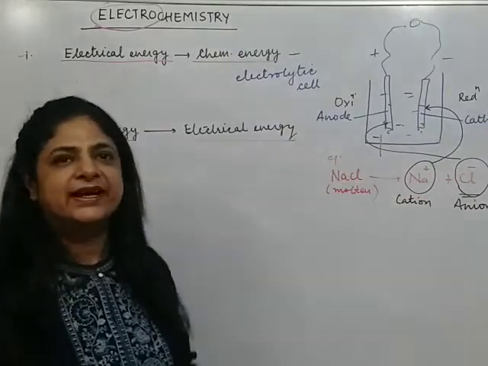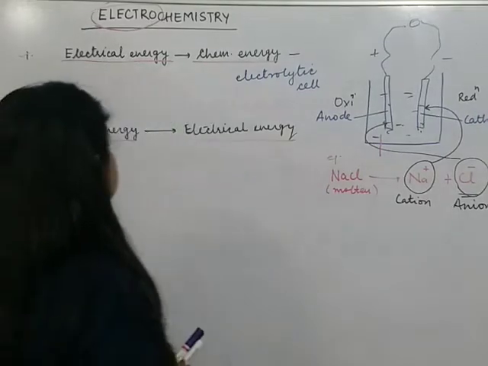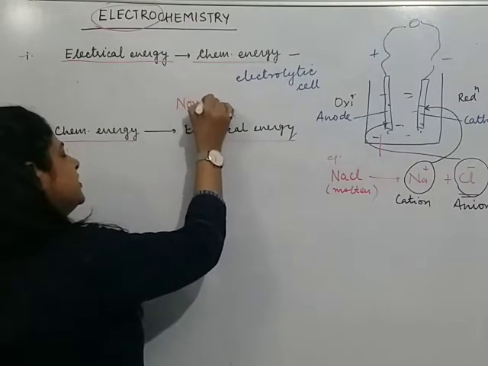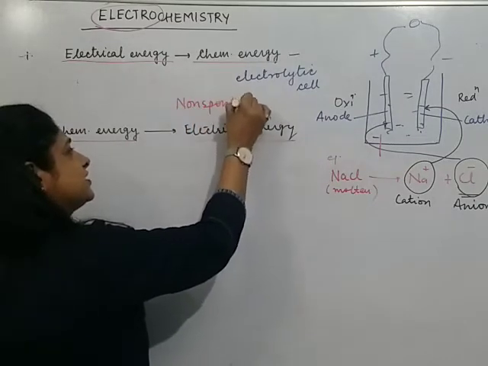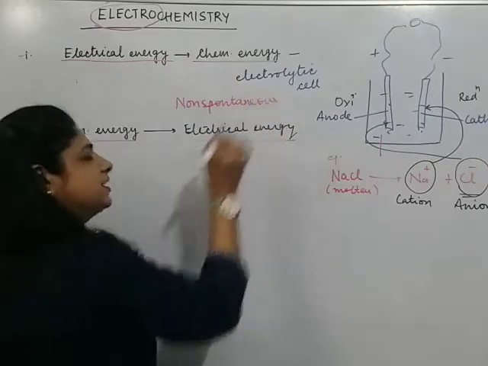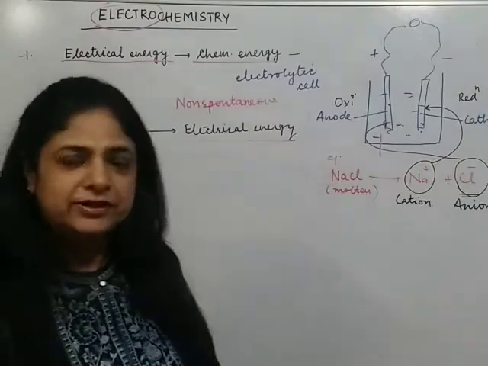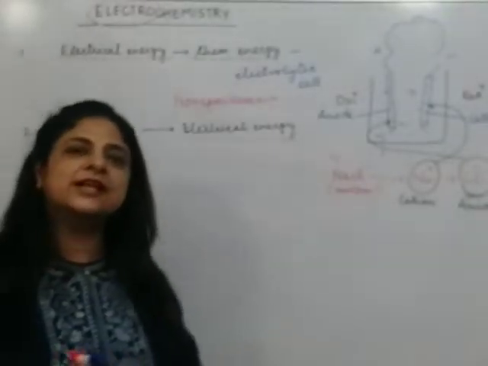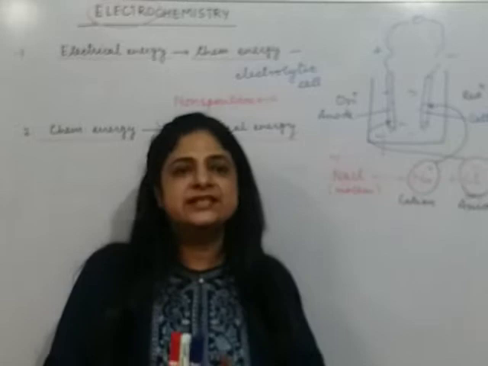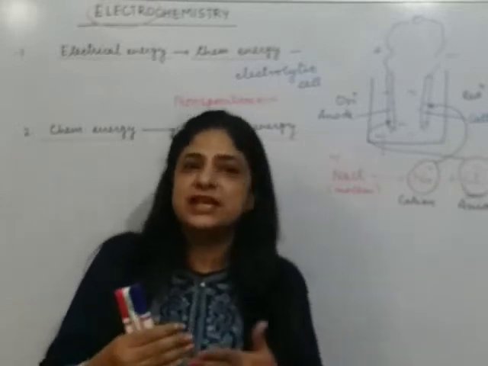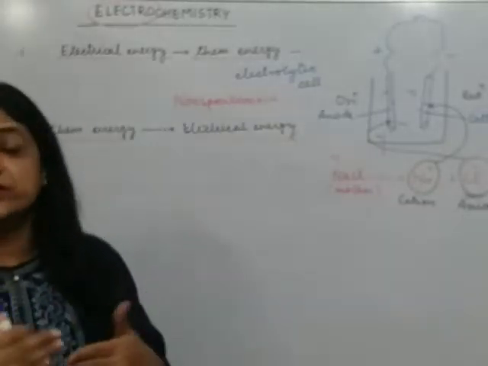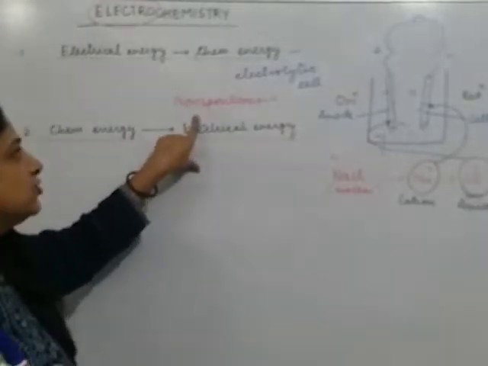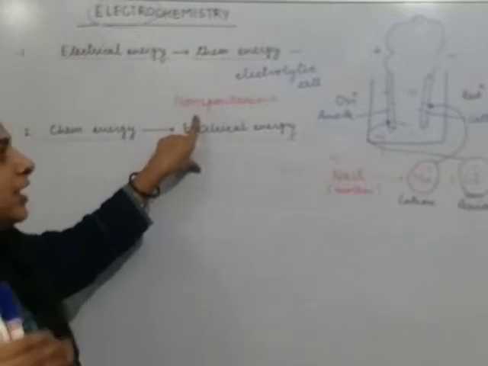However, we must understand that this redox reaction taking place in the electrolytic cell is non-spontaneous. We have discussed spontaneous and non-spontaneous reactions in your 11th standard, and you must be knowing that spontaneous reactions are those which do not need any initiation or any external forces. They have a natural tendency to occur, while non-spontaneous reactions are those which cannot occur on their own.